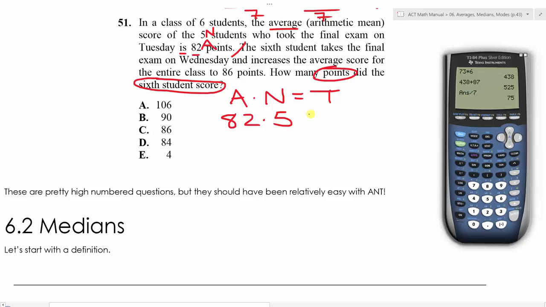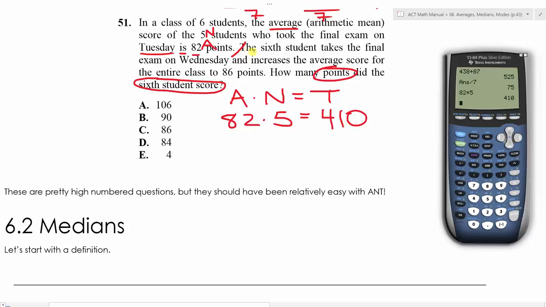That's what I can extract from the first phrase, and I'm just going to go ahead and multiply those 2 things out. 82 times 5 should give me 410, I believe. So that's going to be 410. Again, we're going to pause and just make sure we understand what that 410 is. That 410 is the total points amassed by the first 5 students who took the exam on Tuesday. They got 410 total points.